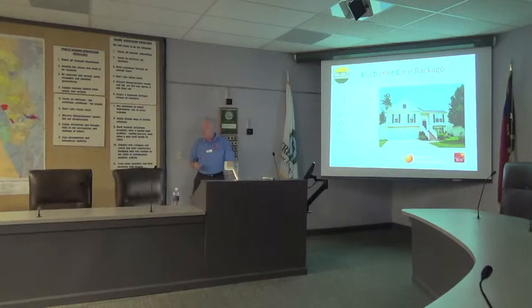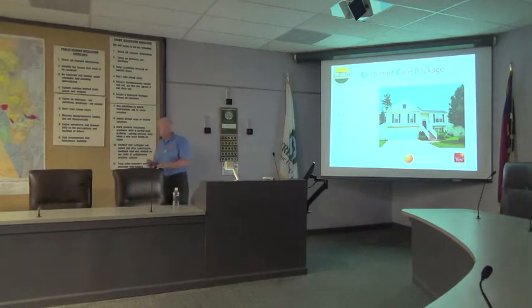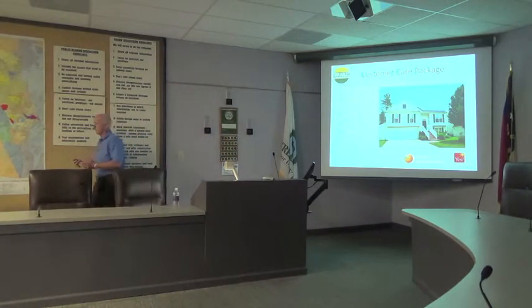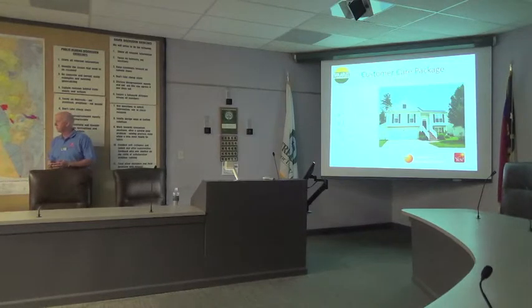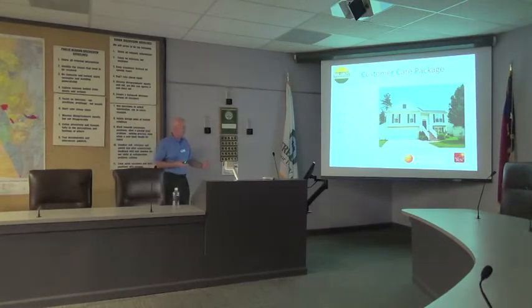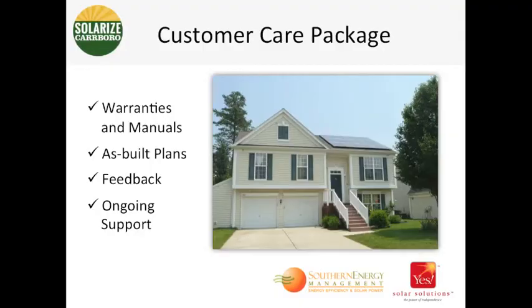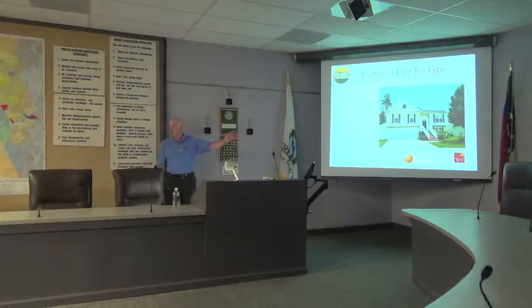So at the end of the installation, once everything's installed, you're enjoying the benefits of your solar investment, and the operating costs of your home or building are coming down. We're going to come out in our customer care phase of the installation process and give you a whole binder and manual of information that may be important to you for your solar system. That includes all your warranties and all the operating manuals, if there are any, for the components that we installed.